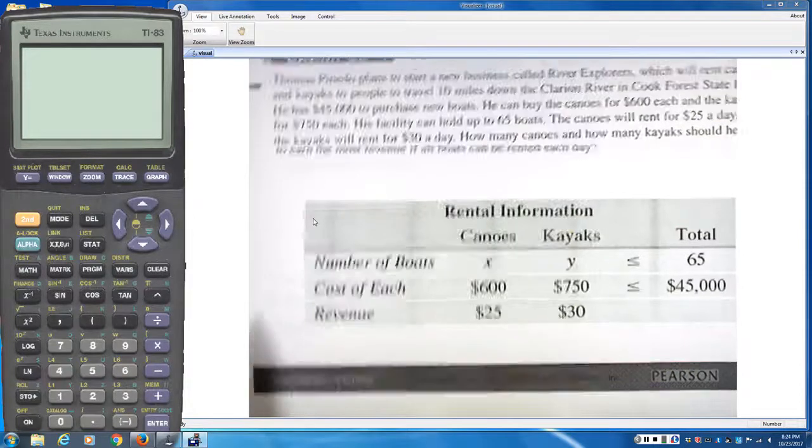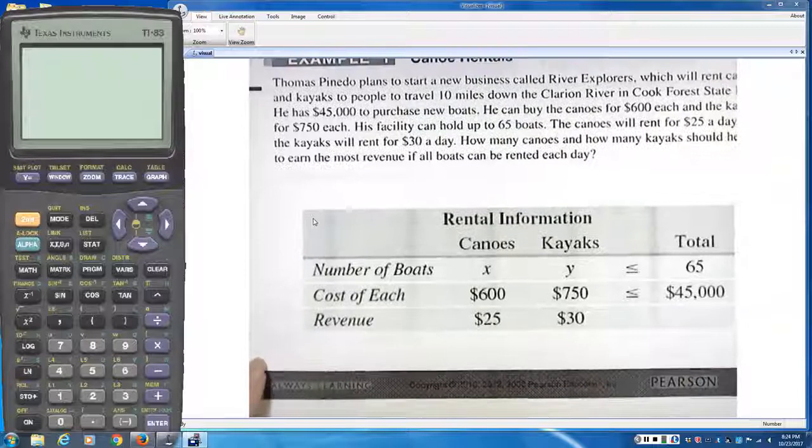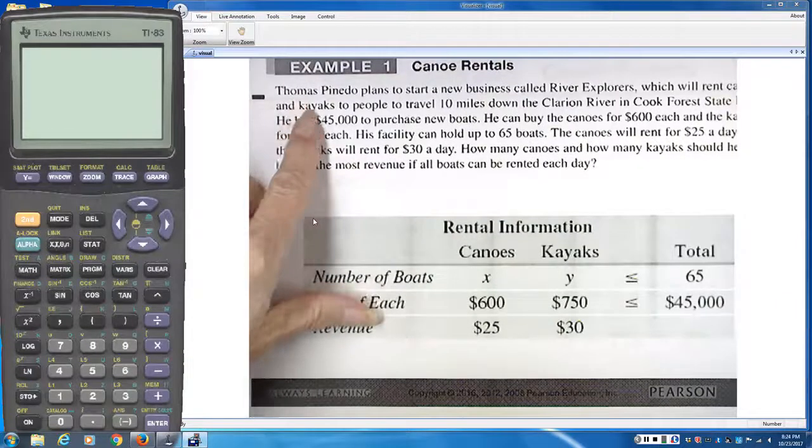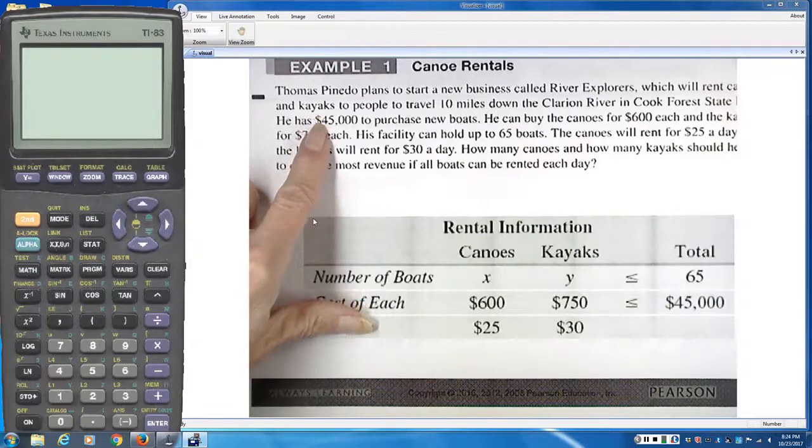Okay? All right. We'll talk about canoe rentals here for a minute. Mr. Potato's gonna open a new business called River Explorers, and he rents canoes and kayaks to people to travel 10 miles down the Clarion River in the Cook Forest State Park. Now, we really don't care how far they travel.